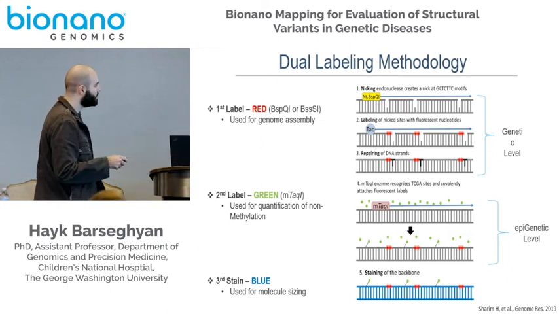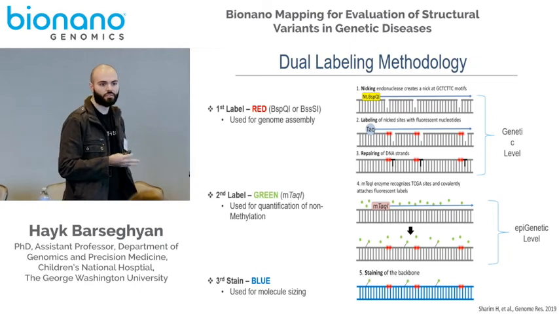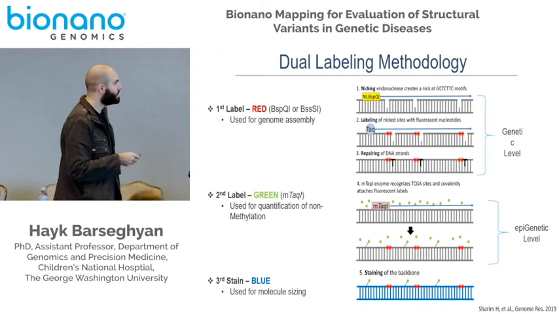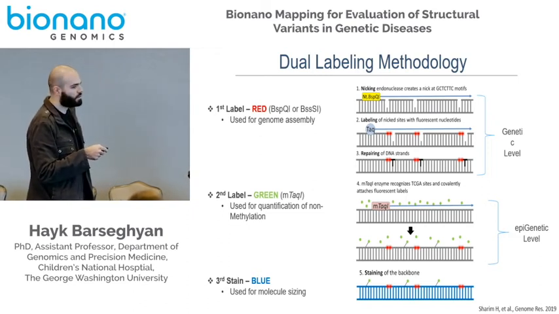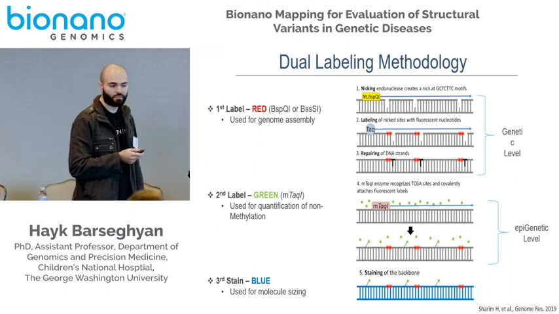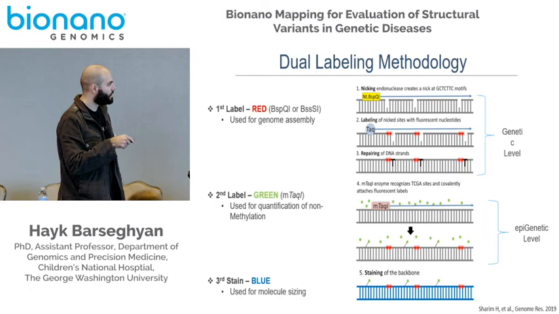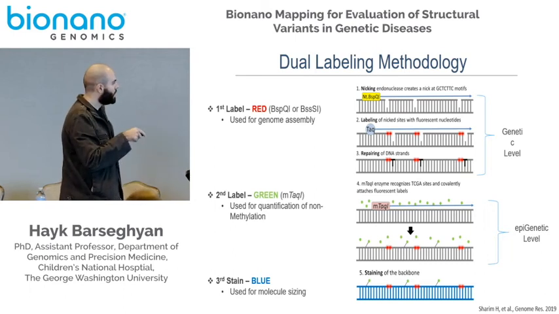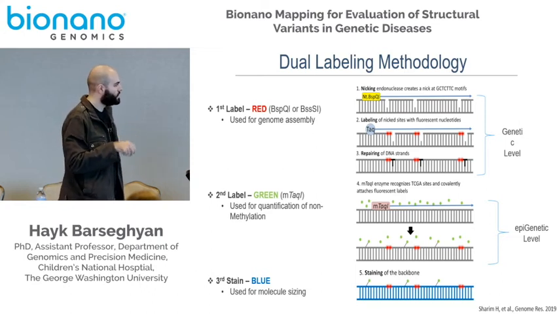So first step, you will use either BspQI or BssSI enzyme that is specific to your genome, and if you're using non-human, you can use any other nickase that has better label density. We will label them with red labels instead of green labels, and repair this DNA. Then the second level, methylation-specific labeling, will be done using M.TaqI methyltransferase that recognizes this TCGA sequence.